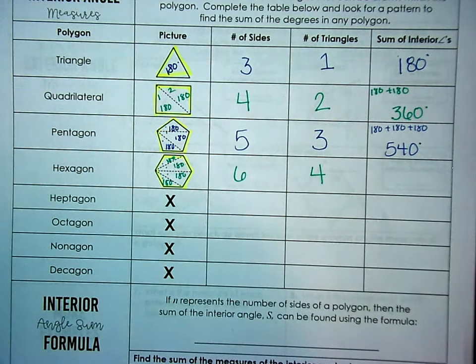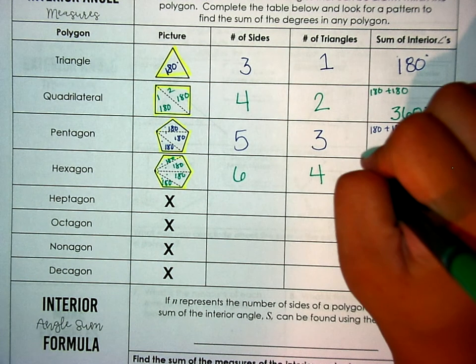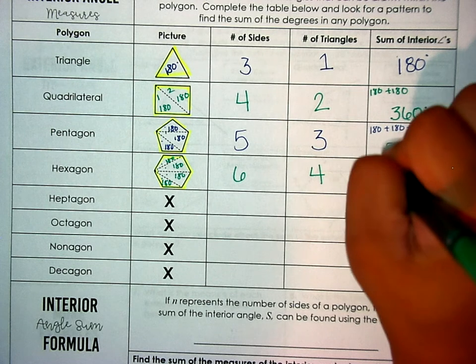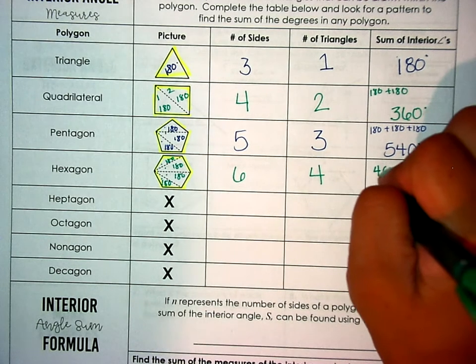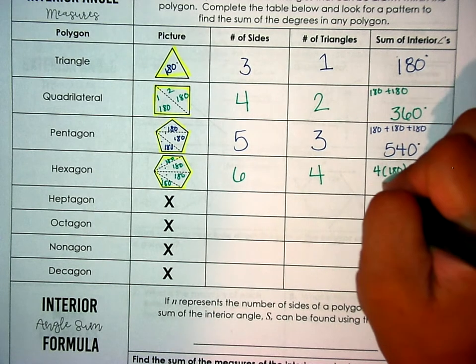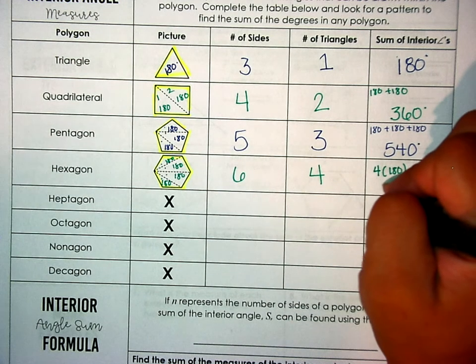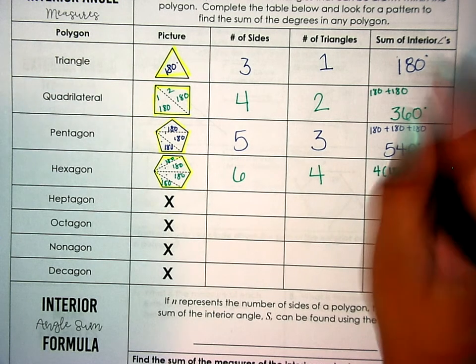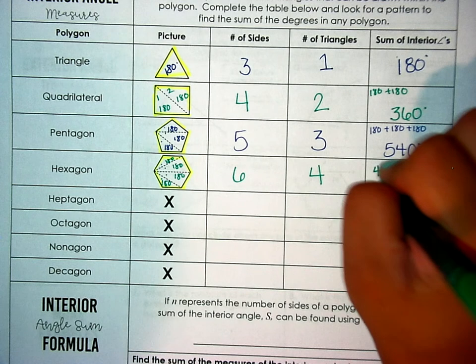In other words, instead of writing out 180 4 times, I could just say 4 times 180, right? 4 times 180 would be easier to do either by paper or in my head or in a calculator instead of having to write 180 4 times. So 4 times 180 is going to give me the value of 720.